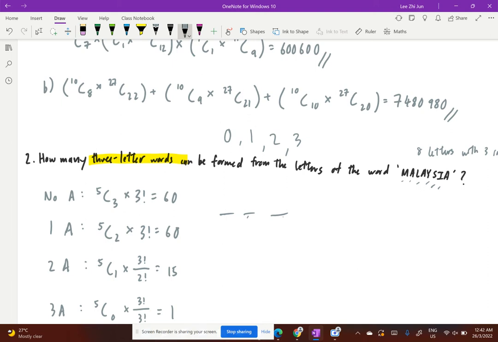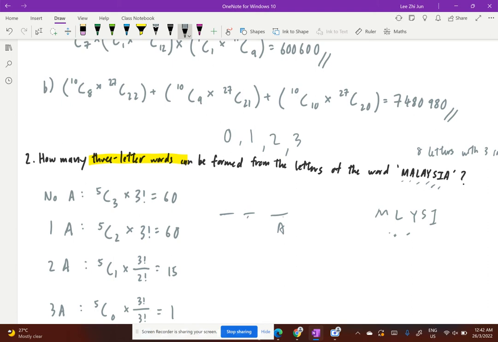If you have one A, the A is a must here, so you pick 2 letters from MLYSI and times 3 factorial, which becomes 60.